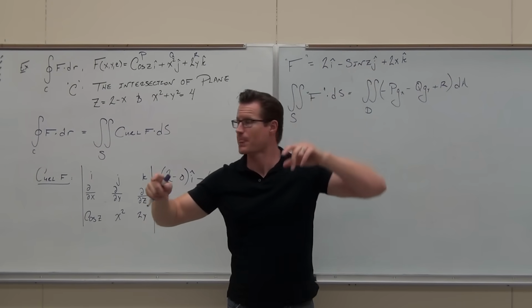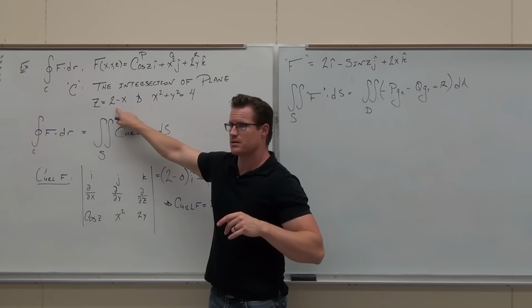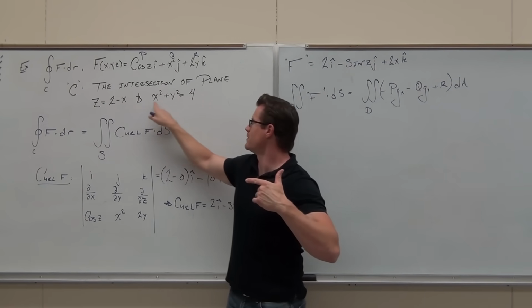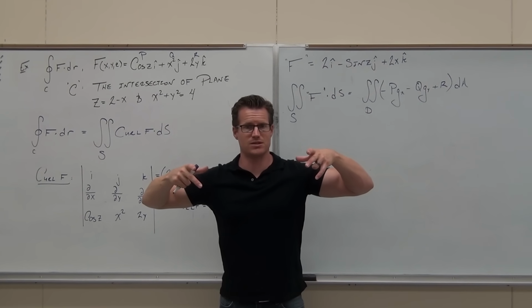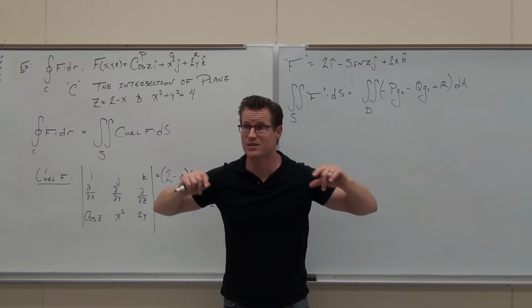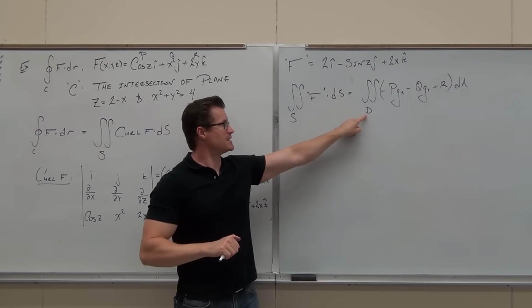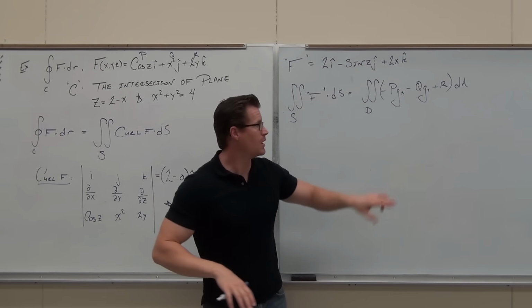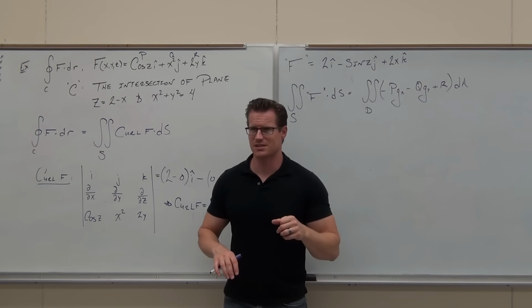Does that make sense? This can be used as that surface if we also look at this thing as the region that contains that as the projection. Because remember what this does. This says that D is the region as projected onto the xy plane where z is a function of x and y. Is this making sense to you?